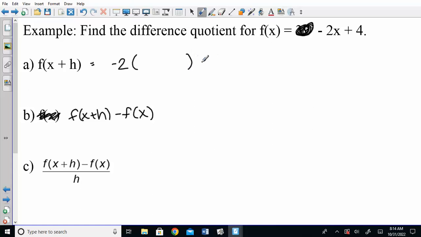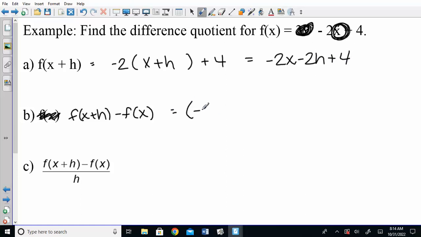So, if we are evaluating this, we are replacing the x with whatever we put in. So if we put in x plus h, we get negative 2x minus 2h plus 4. So part B is f of x plus h, so what we just got, minus f of x, so the original was negative 2x plus 4. Distribute the negative.